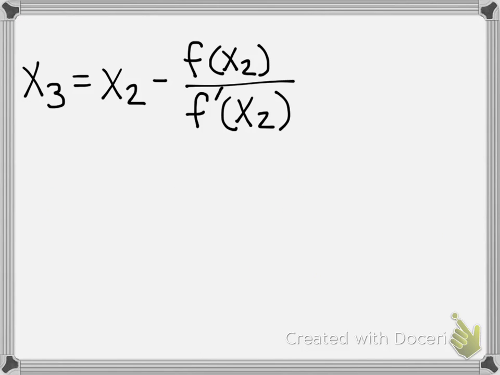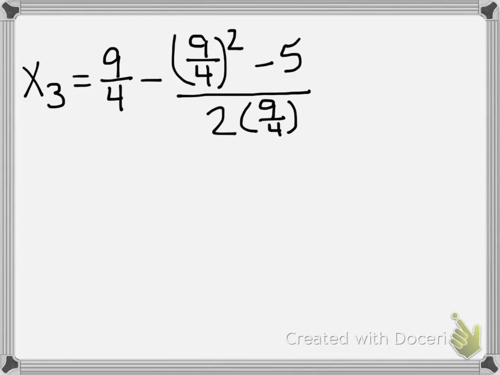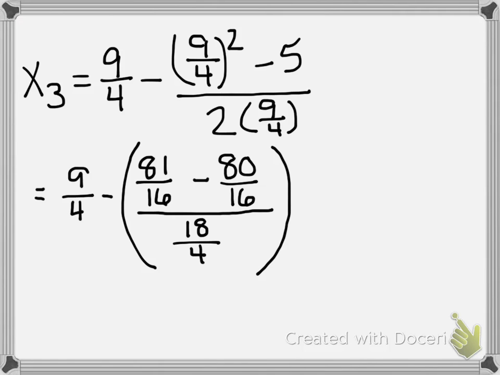Okay, so set up the equation for x3 the same as before, but just keep in mind that our x2 was 9 over 4. So make the appropriate substitutions and set up your equation to begin your calculations. So this should be how your equation looks, and then just do the appropriate calculations. So once you make the calculations, it should look like this.